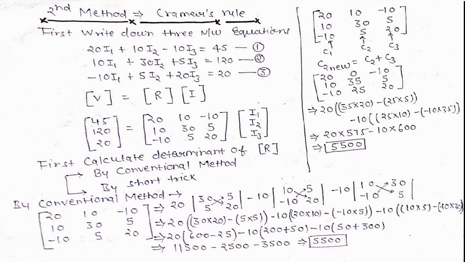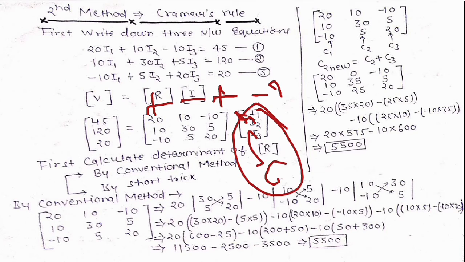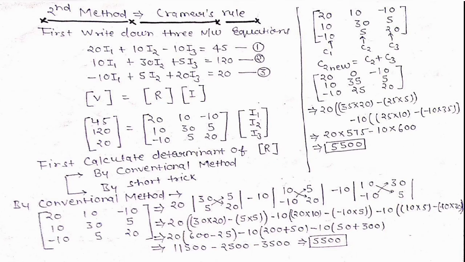Remember one thing: when you get the determinant value, the plus minus approach is given. That means the first is positive, the second is negative, and the third one is again positive.